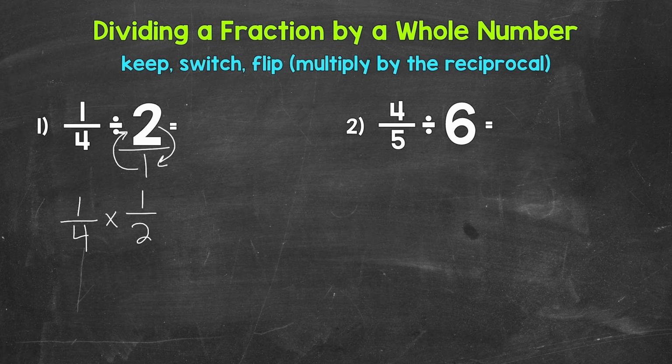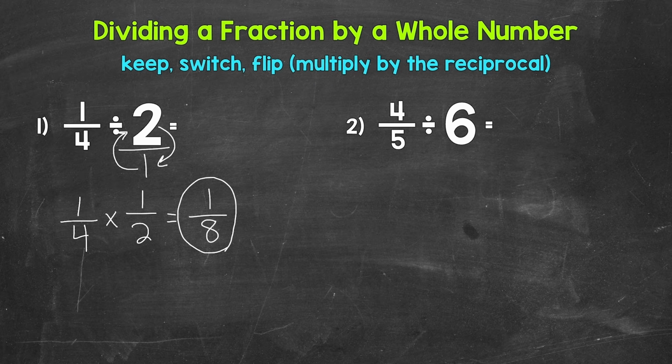And now all we need to do is multiply straight across. We'll start with the numerators. 1 times 1 gives us 1. And then for the denominators, 4 times 2 gives us 8. And that's our answer, 1/8. The only common factor between 1 and 8 is 1, so this is in simplest form. We are done. 1/4 divided by 2 equals 1/8.